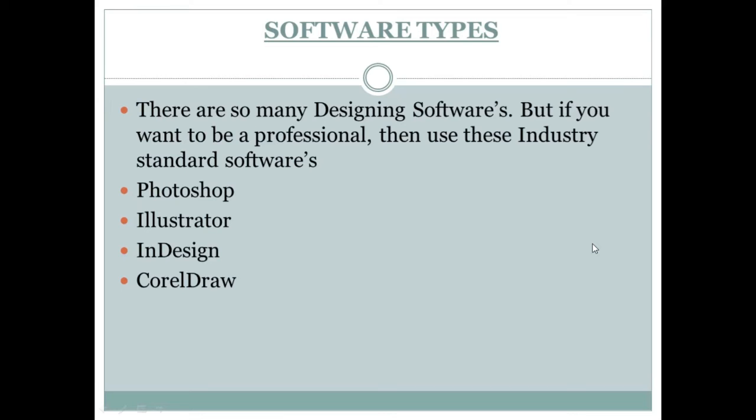Some are online like Canva, but if you want to become a professional, then you have to use the industry standard softwares, which are Photoshop, Illustrator, InDesign, and CorelDRAW. These are the industry standard applications that we use in graphic designing.